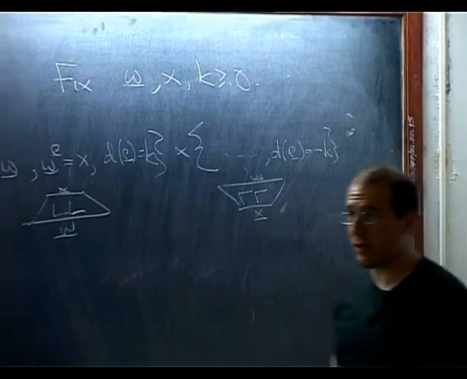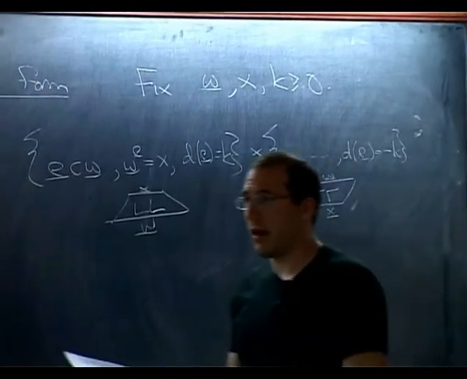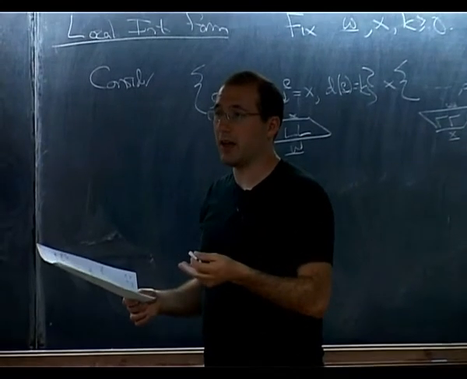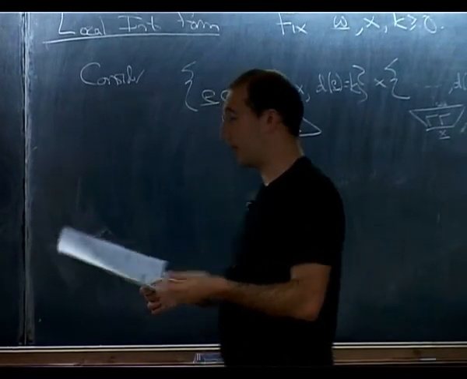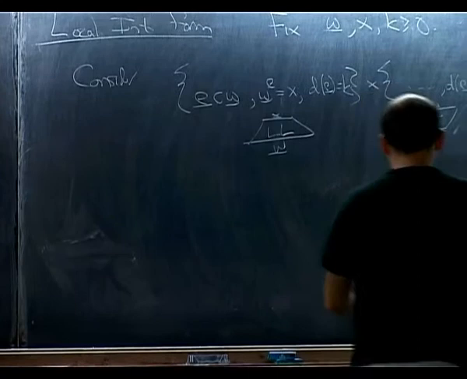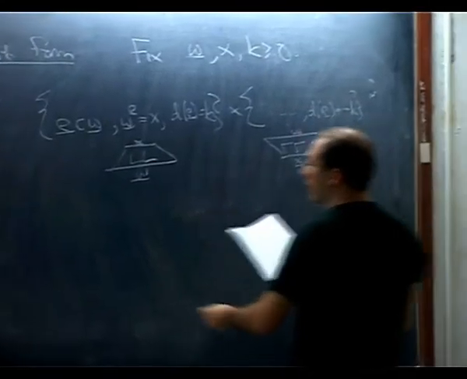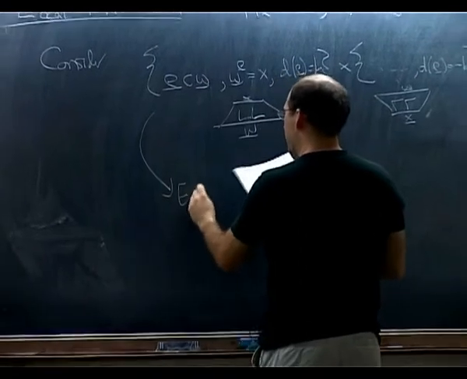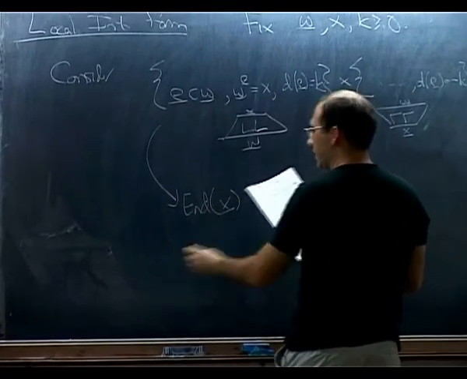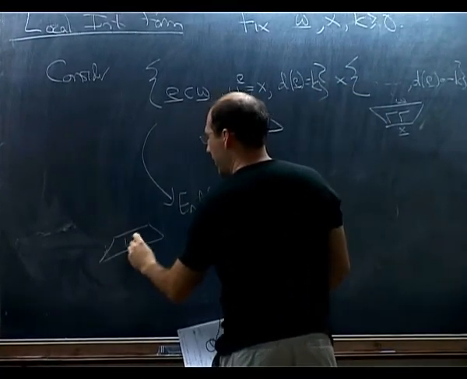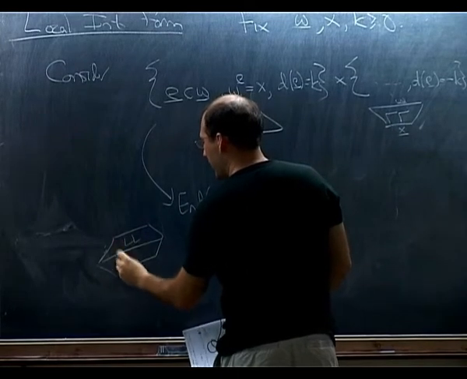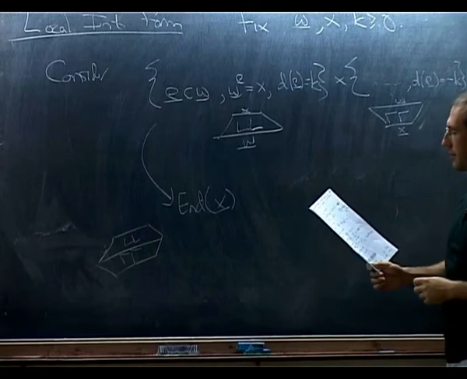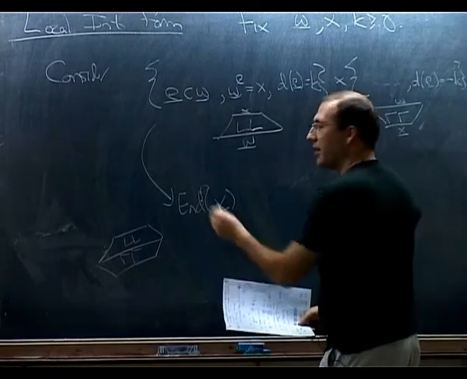When we compose these two things in one direction, we get an endomorphism of W. If we compose them in the other direction, we get an endomorphism of X. So these compose to the endomorphism ring of X in degree 0.